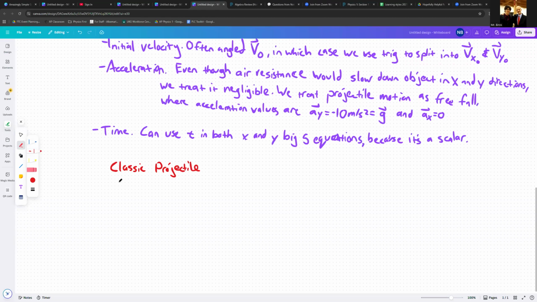What the classic projectile means is that it's launched at an angle. A lot of times we'll see that angled launch. And it lands at the same height it was launched from. We referenced that up there with delta y, and we'll point that out again here.